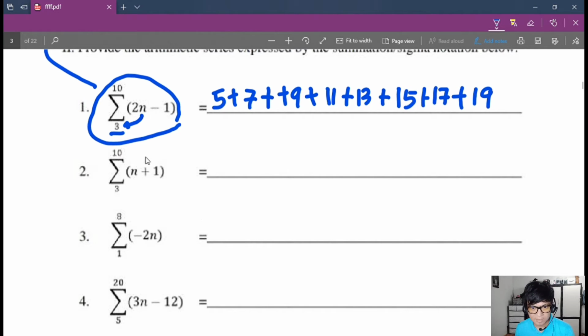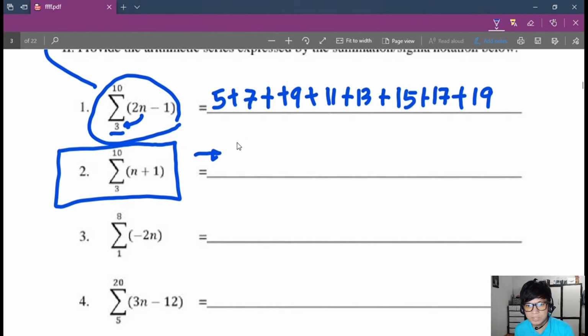Okay, sige. This one, number 2, is your activity today. This is your number 1 activity today.